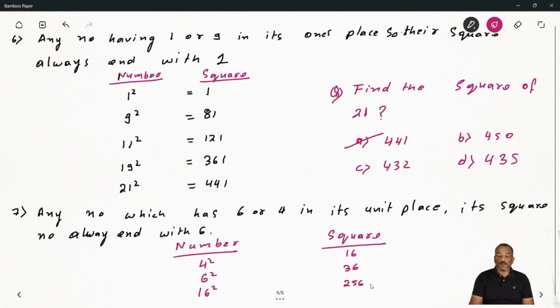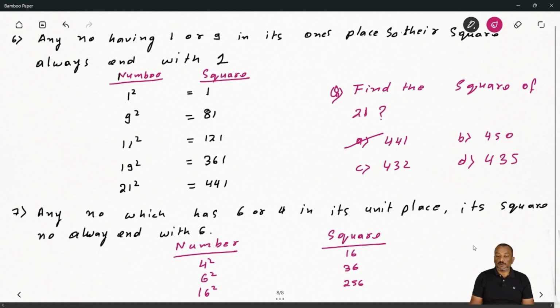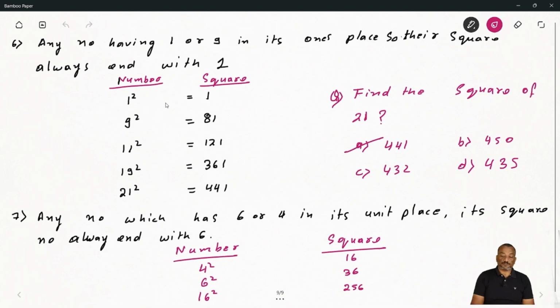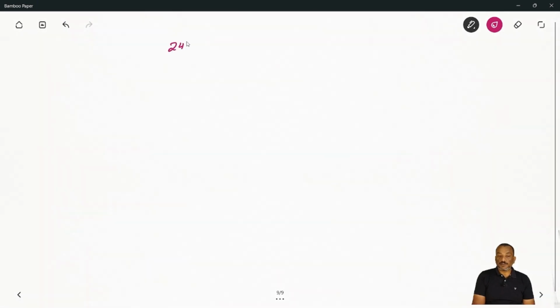Now 24 square you are getting 576. Next one, 36 square, you are getting 1296. You can understand any number whose unit place ends with 4 or 6, the square number always ends with 6. Hope you get it. So that is your 7th property.